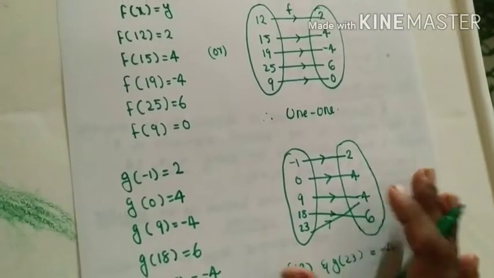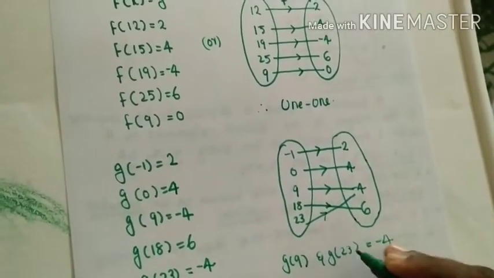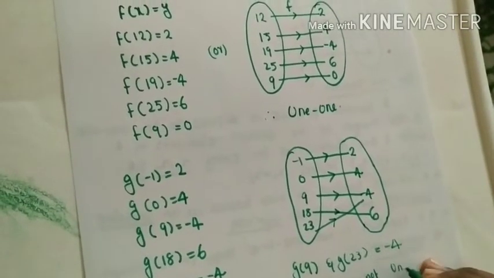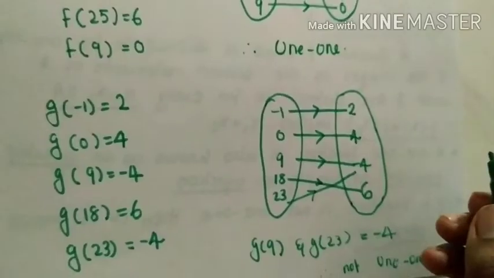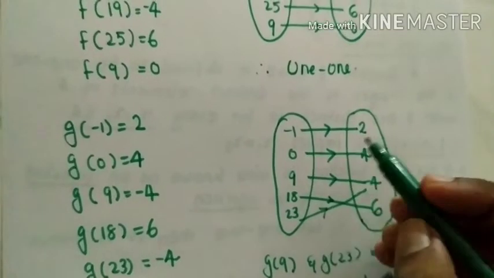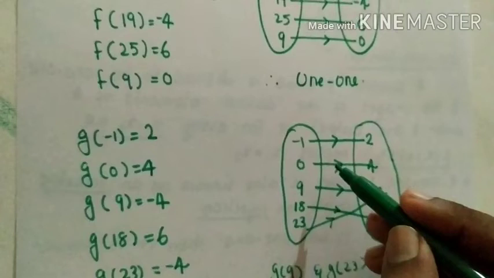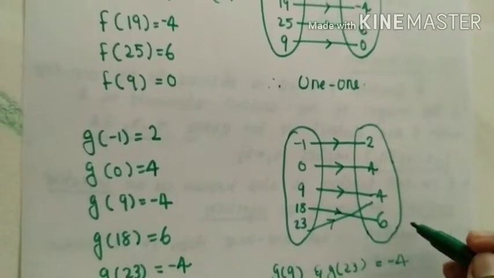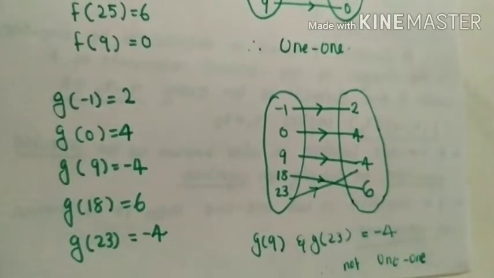Hence, the function g is not 1-1. So here we clearly see that two elements of set A are mapped to the same element of set B. So here the function is not 1-1.